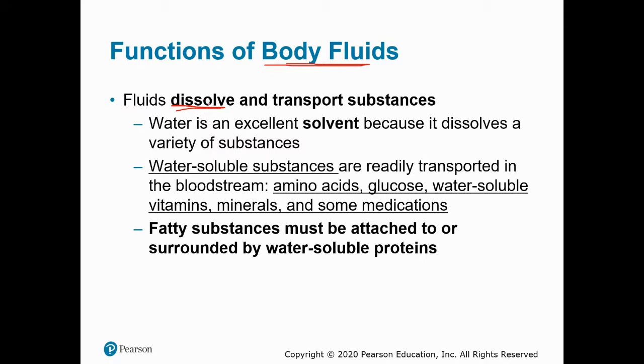Like glycolysis takes place in the cytosol, so we require fluid environments for our chemical reactions to take place. In order to actually get the energy from our macronutrients, we require a fluid environment.